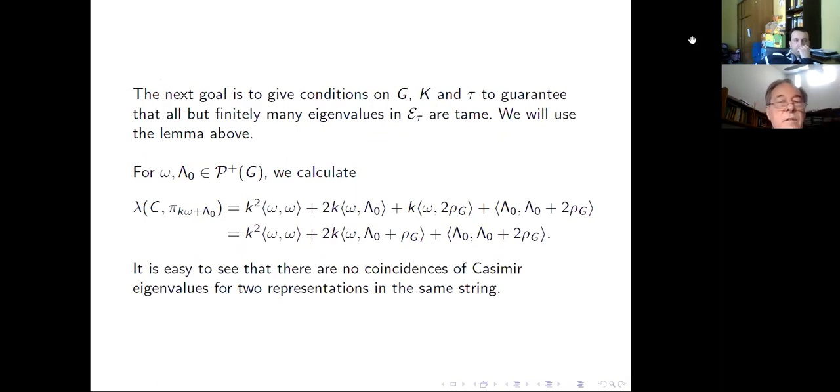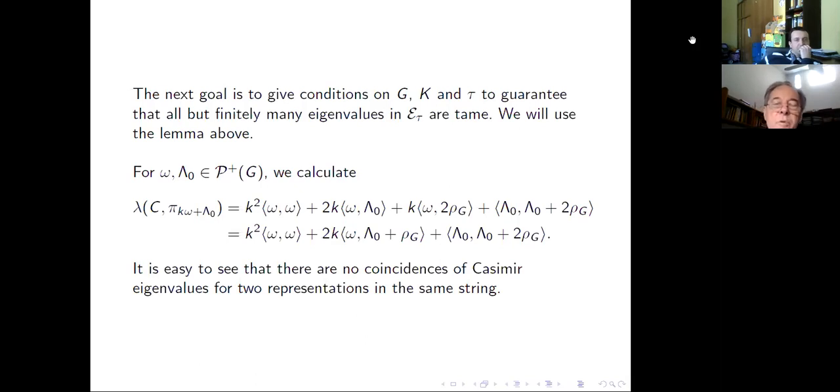So we calculate for pi in a given string. The highest weight is k omega plus lambda naught, in terms of k, omega and lambda naught.